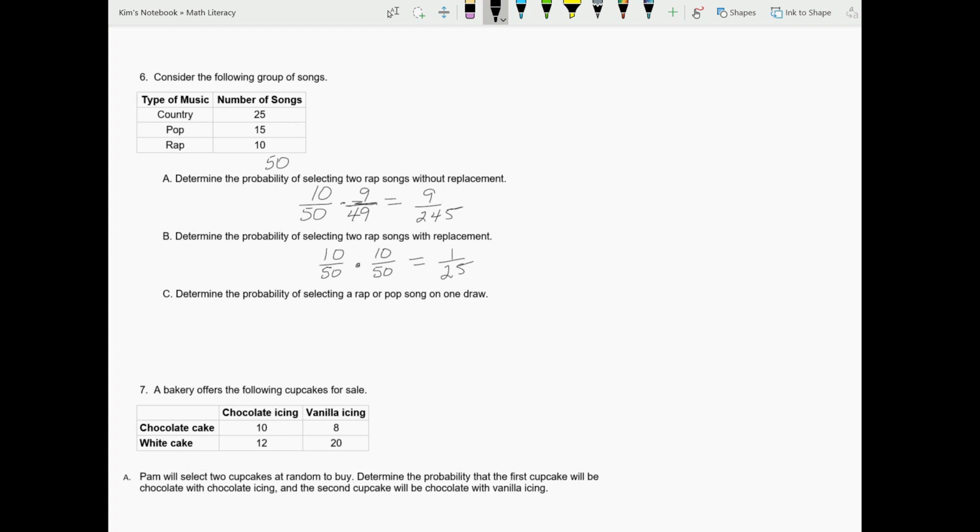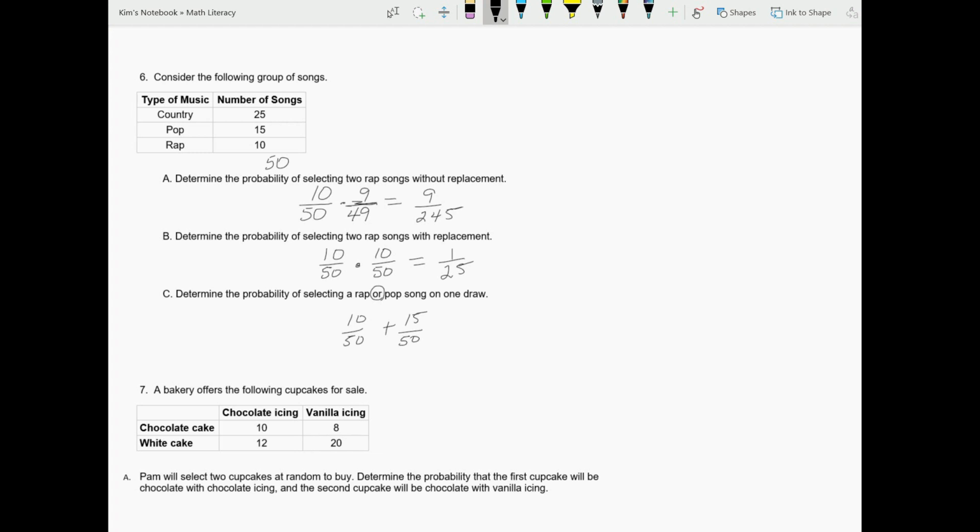Determine the probability of selecting a rap or pop song on one draw. It's an or probability, so I'm going to be adding these 2 probabilities together. Probability of getting a rap, 10 out of 50. The probability that it's pop is 15 out of 50.